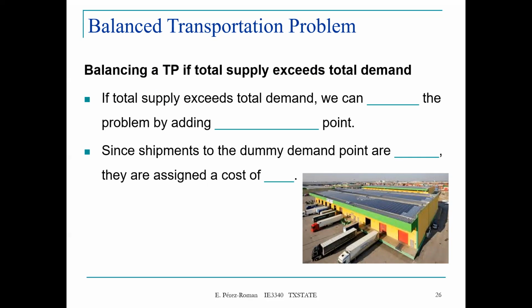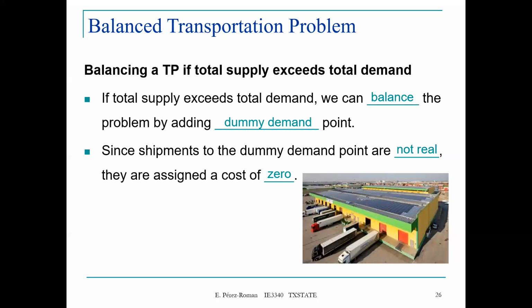Balancing a transportation problem if total supply exceeds the total demand. If the total supply exceeds the total demand, we can balance the problem by adding a dummy demand point. What that means is we are going to create this demand that is not real for the purpose of solving the problem. Since shipments to the dummy demand point are not real, they are assigned a cost of 0.